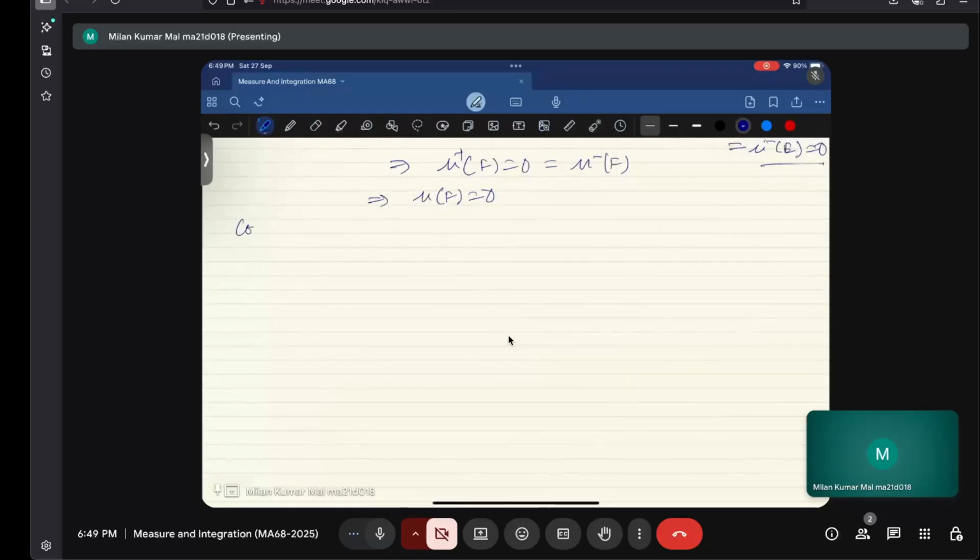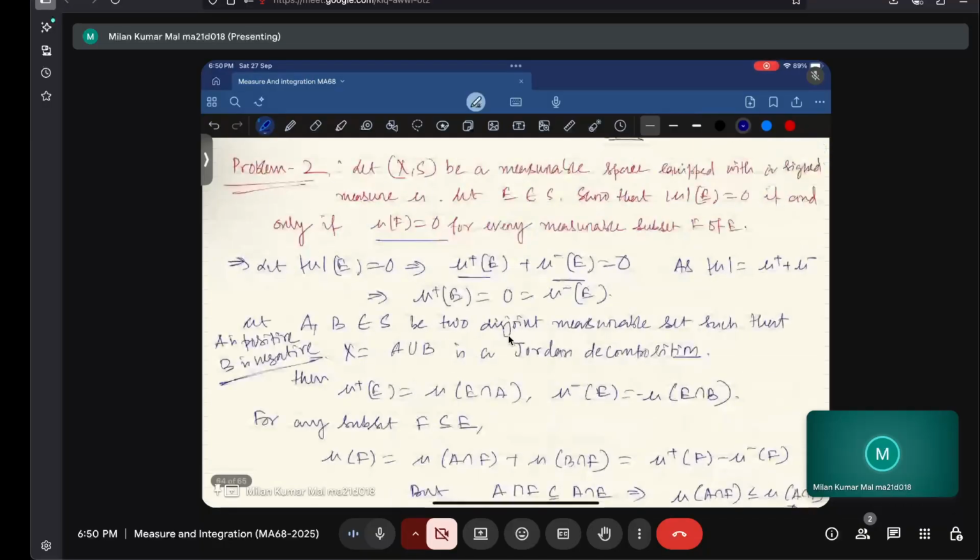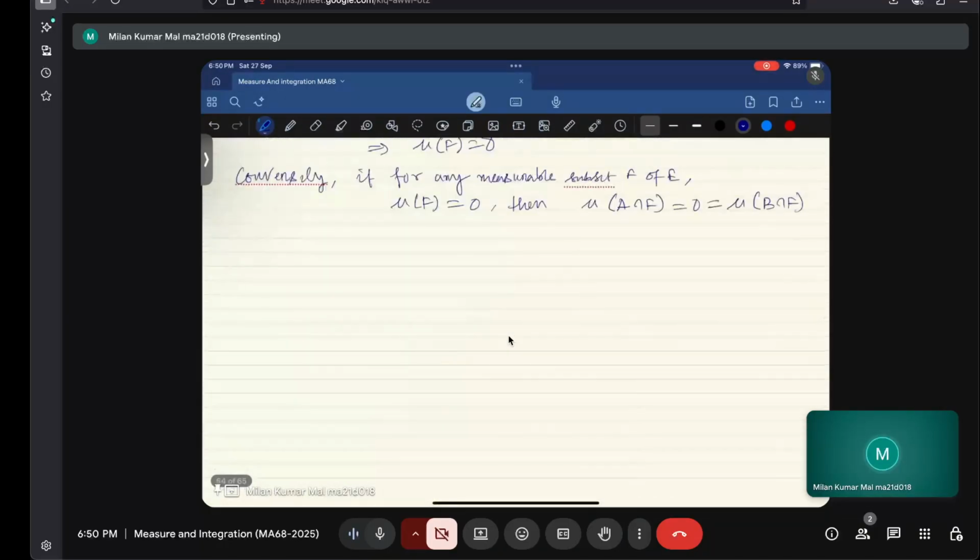Conversely, if for any measurable subset F of E, mu of F equals 0, then mu of A intersection F is equal to 0, and that is equal to mu of B intersection F. Why is that? Because there is one thing that can be checked.